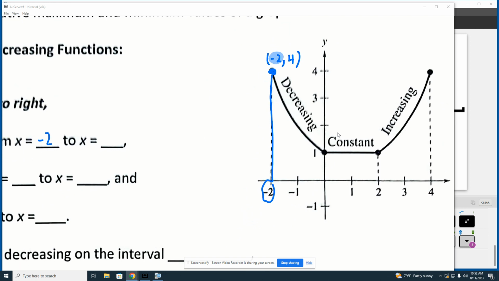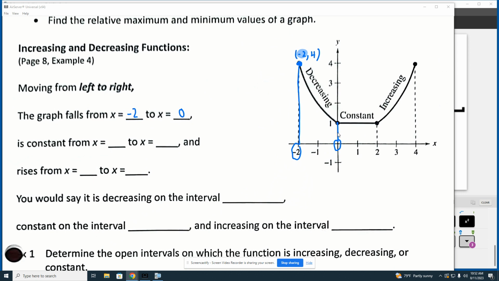And as I continue moving across the graph from left to right, where does it stop decreasing? At 0. At the x value 0. So therefore, you would say it is decreasing on the interval -2 to 0.